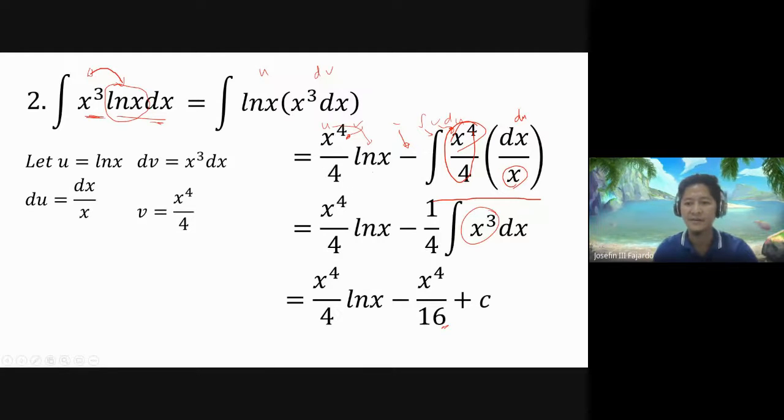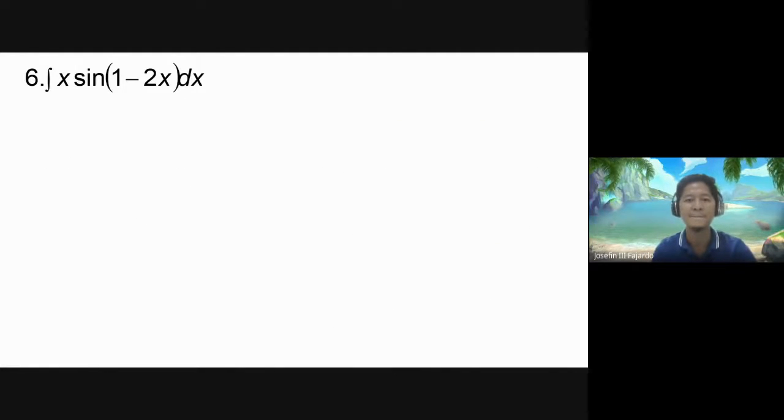Okay, let's have this naman. Paano pag ganito naman? So notice, if we try to use simple substitution, usually gagawin natin i-let u natin ito, di ba? Pag nilet u mo to, ang magiging du mo dyan is negative 2 dx. May x tayo dito. So hindi ubra yung simple substitution.